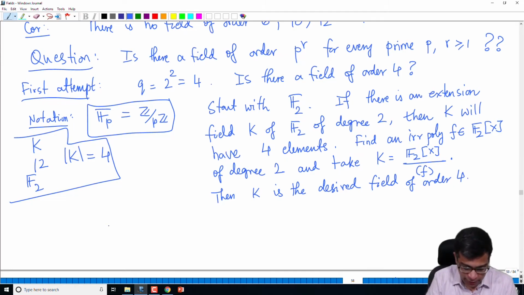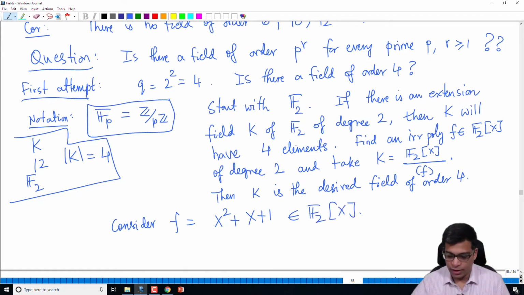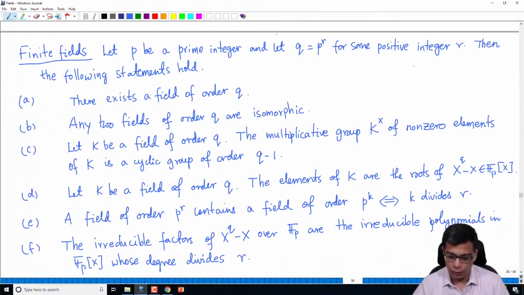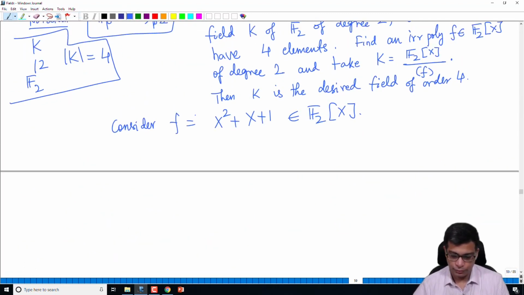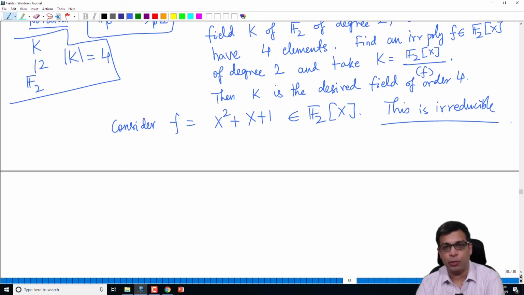So simply take f equals x squared plus x plus 1 in F_2[x]. I claim that this is irreducible. How do we show that? This is very easy. For a degree 2 polynomial, verifying whether it is irreducible is very easy.